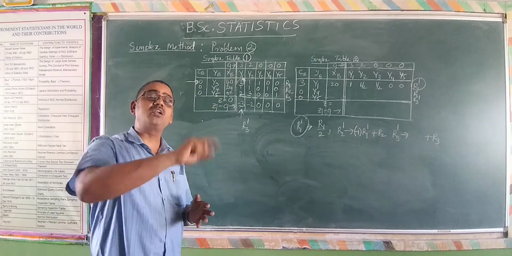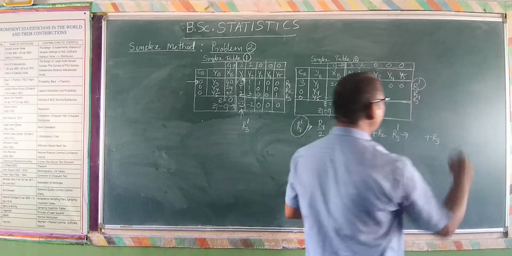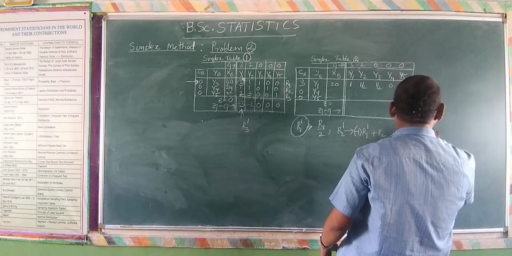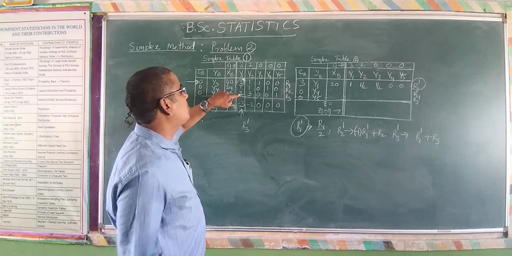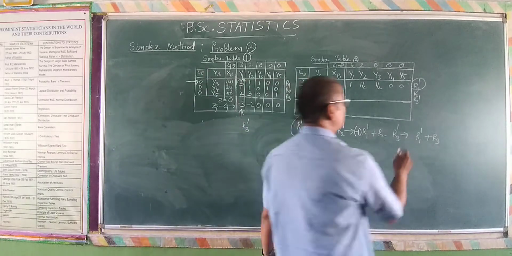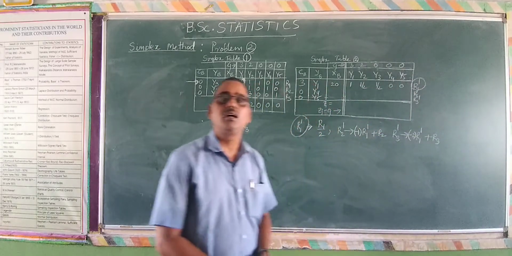Those which are not relevant, you should not consider. So follow one pattern, plus R3. Which row do you multiply? R1 dash. The element to convert for R3 is 2, so you multiply with minus 2. That's all. I do the operations in the next part. Thank you.